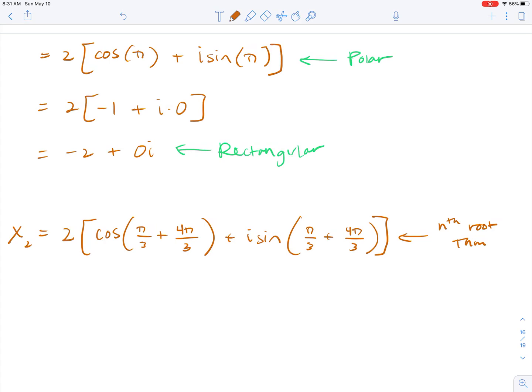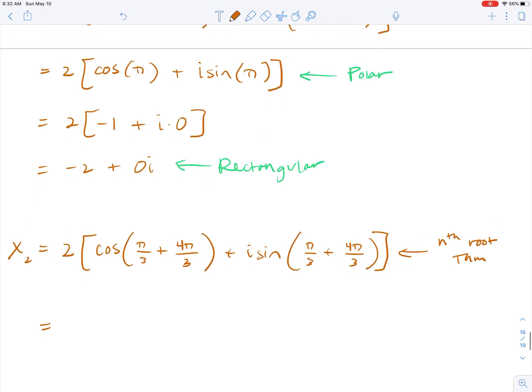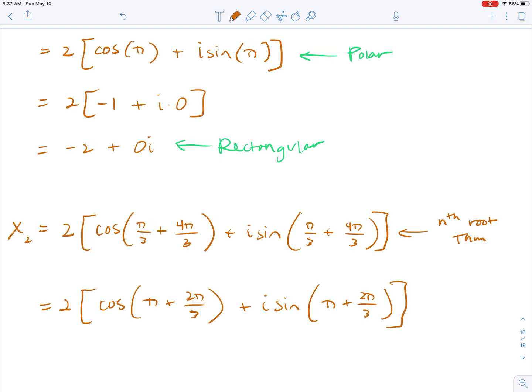So this is thinking about applying the nth root theorem. I think that it's easier to just keep adding 2 pi over 3 to the previous angle. Sorry, the previous angle is pi.